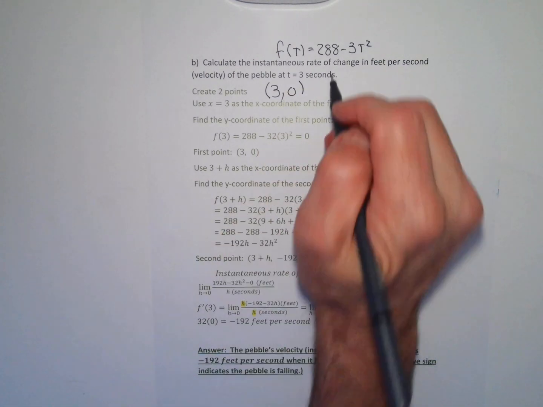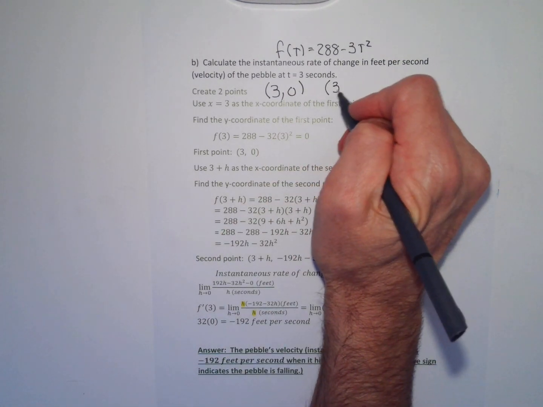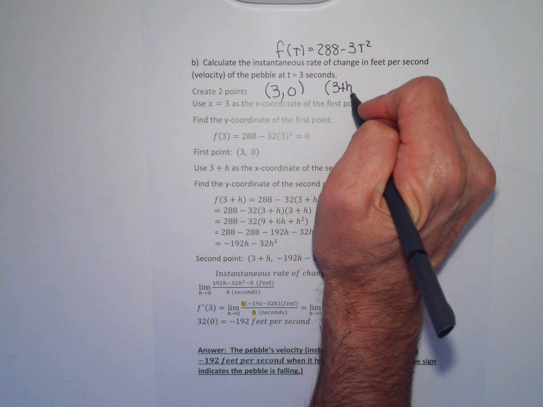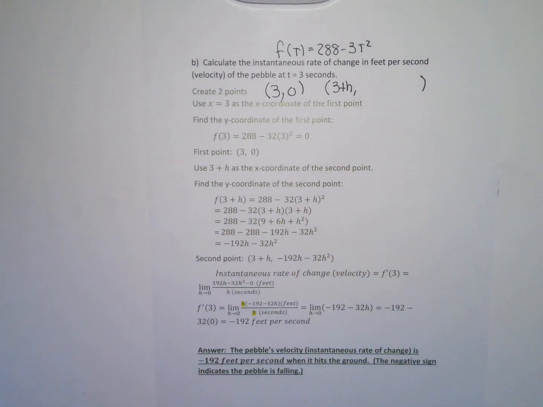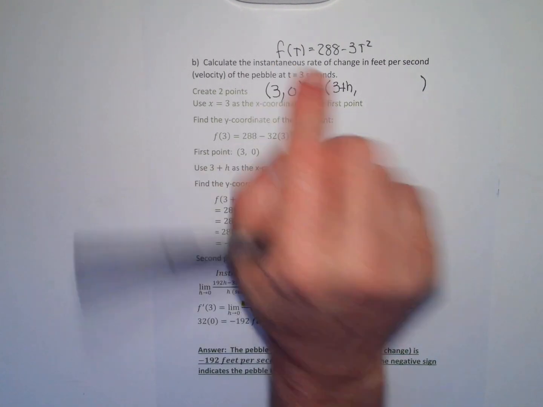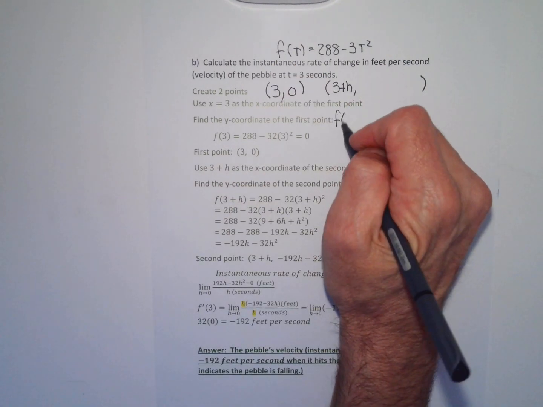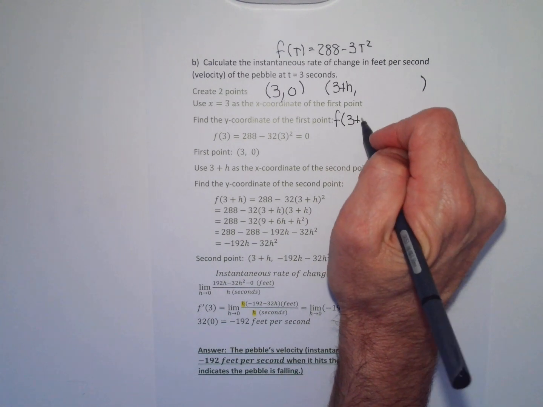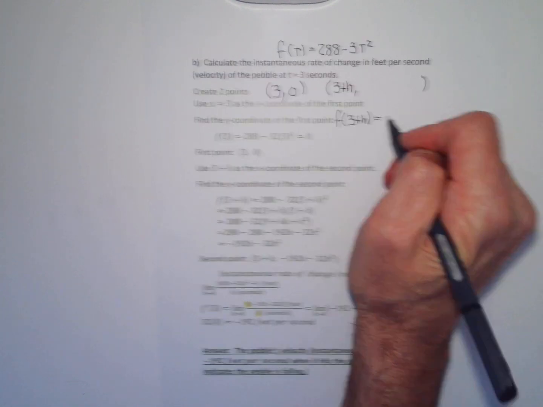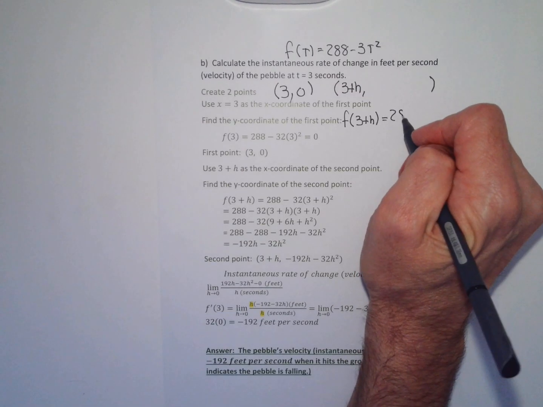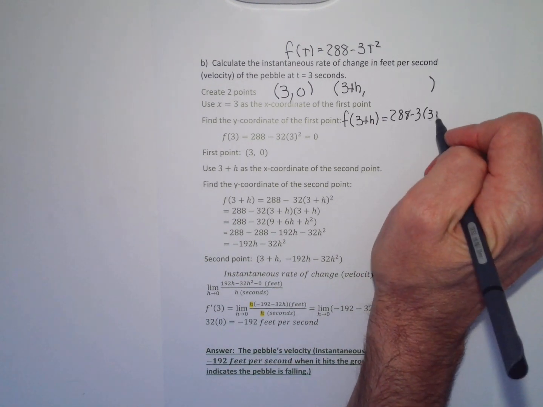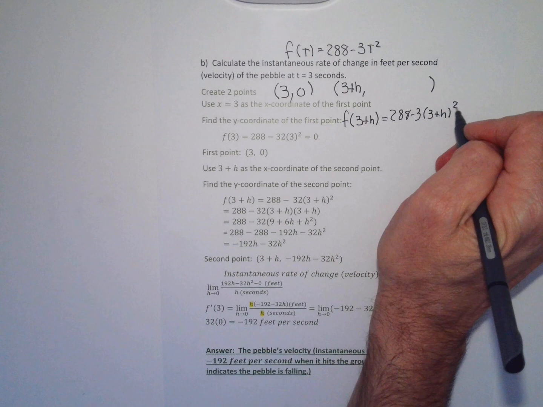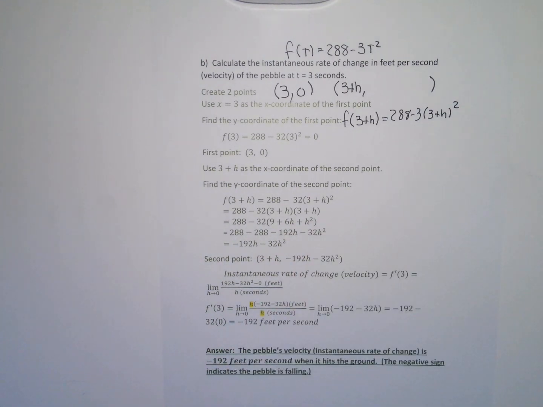My second point, I have to do the trickery. Its x coordinate is 3 plus h, and its y coordinate, I have to do the horrible algebra to figure out. What's the horrible algebra? It's going to the function, changing the t to 3 plus h, and that's going to be the y coordinate of the second point.